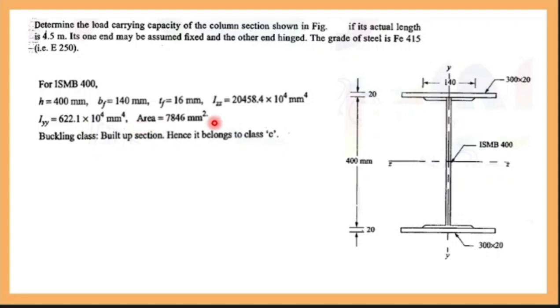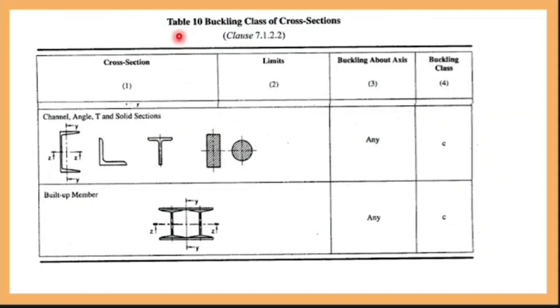Check the buckling class. What do you mean by buckling class? They have given a section like this. Before finding FCC, you have to find the class. You have four types of class: Class A, B, C and D. Which class is a built up section? Built up section comes under this component, Table 10.